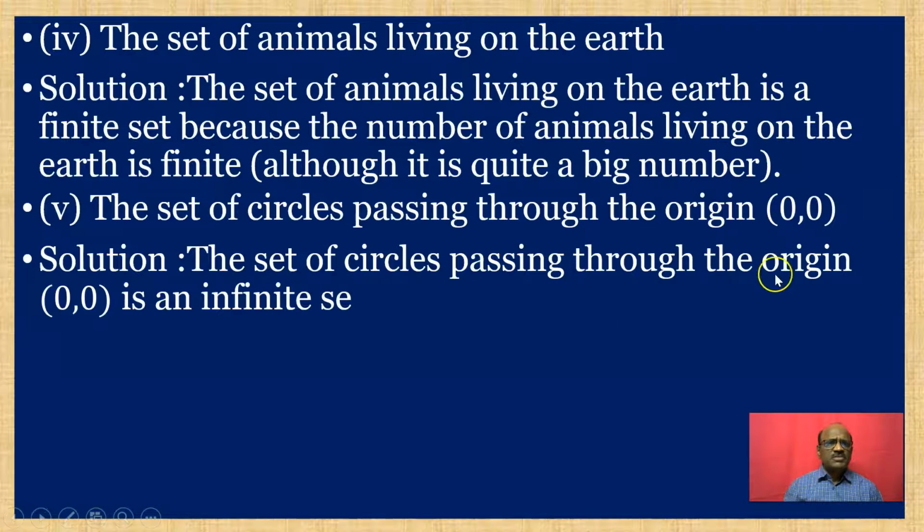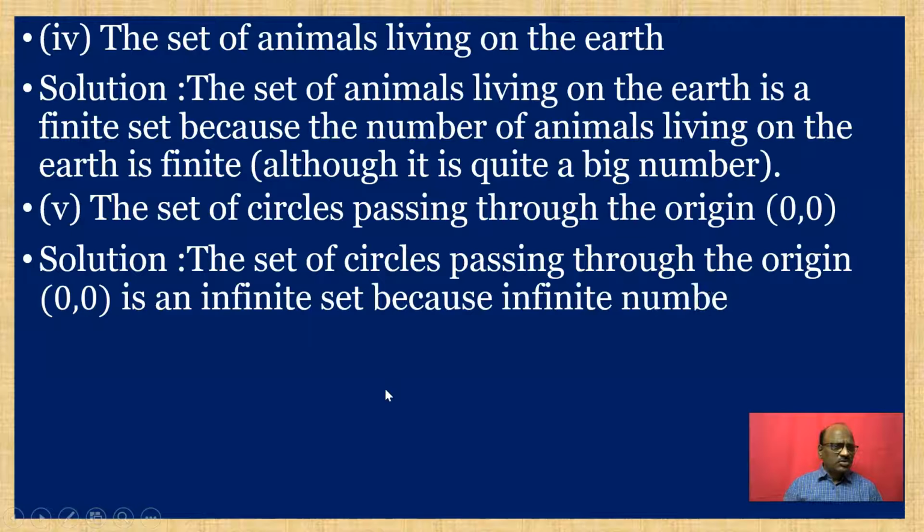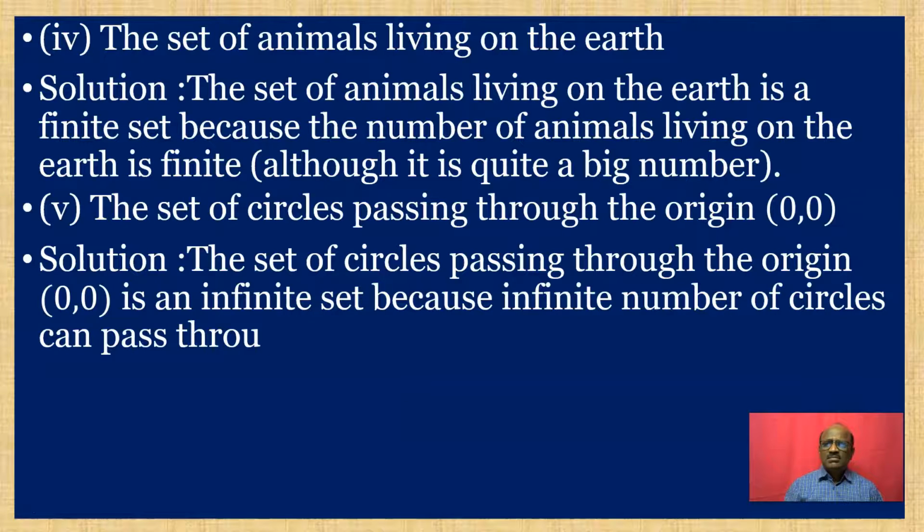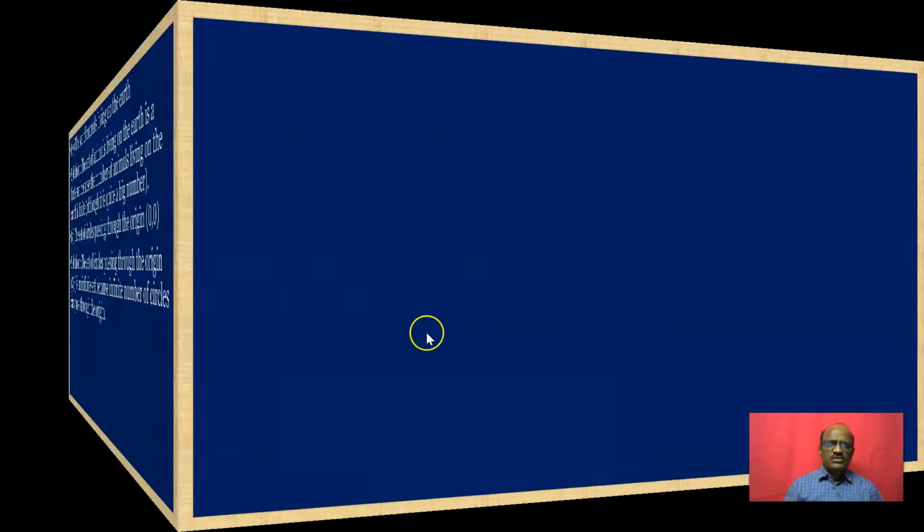The set of circles passing through the origin 0, 0 is an infinite set because an infinite number of circles can pass through the origin.